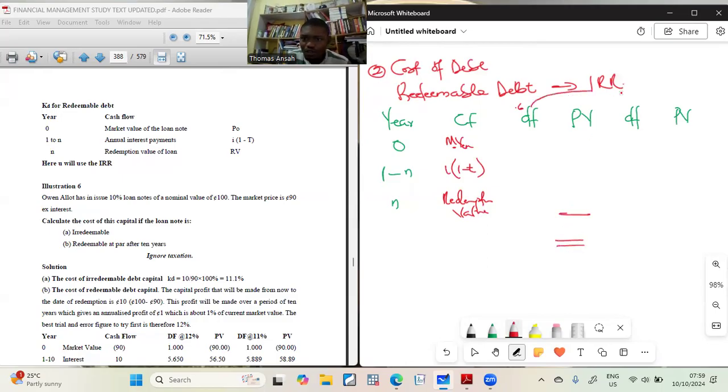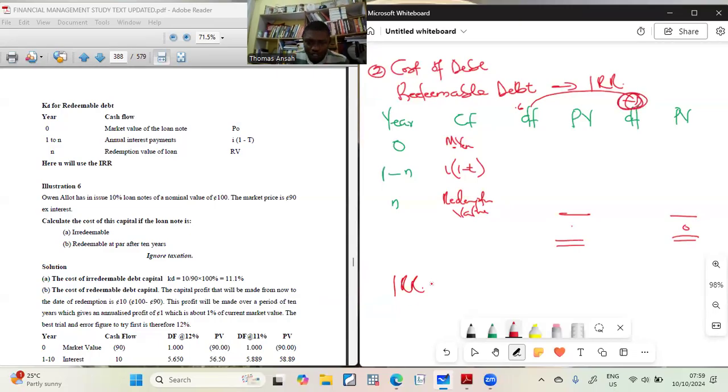Then you know how to do your IRR. You change the discount rate, you get another PV. Then your IRR formula comes to play. IRR is the rate at which the NPV is equal to 0. So if you get 0 here, then it means your IRR is this rate.